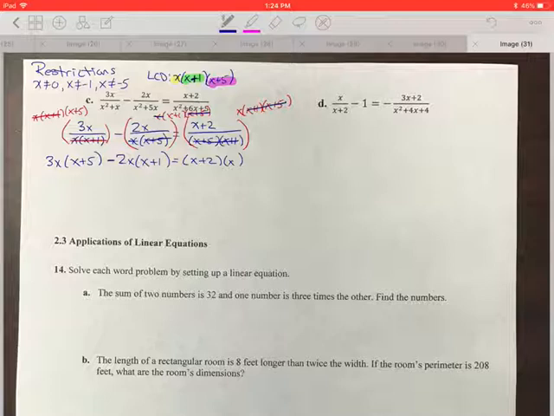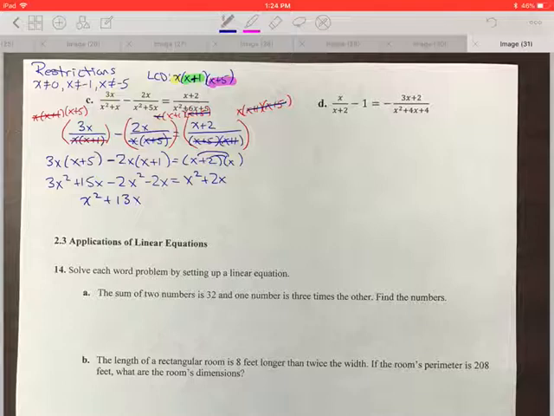All right, so if I distribute, I get 3x squared plus 15x minus 2x squared minus 2x. And here I have to distribute the x, and I get x squared plus 2x. All right, if I clean up the left side, that gives me x squared plus 13x, and that equals x squared plus 2x.